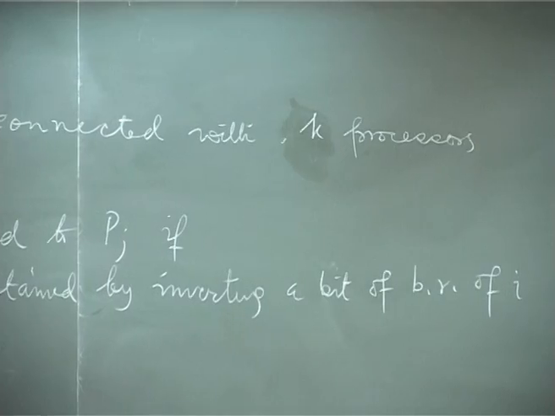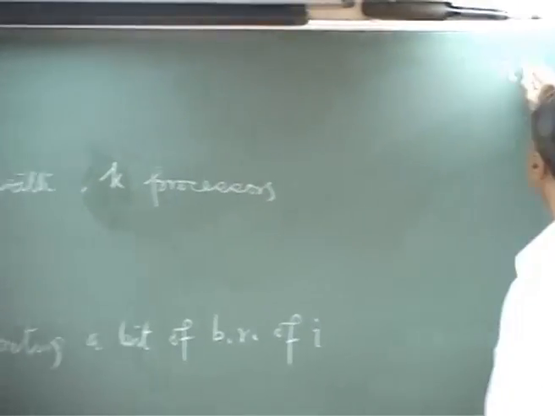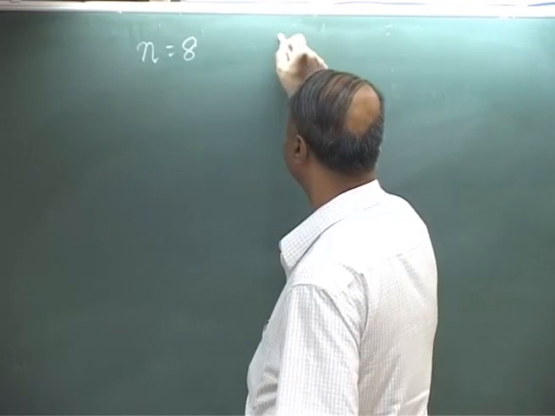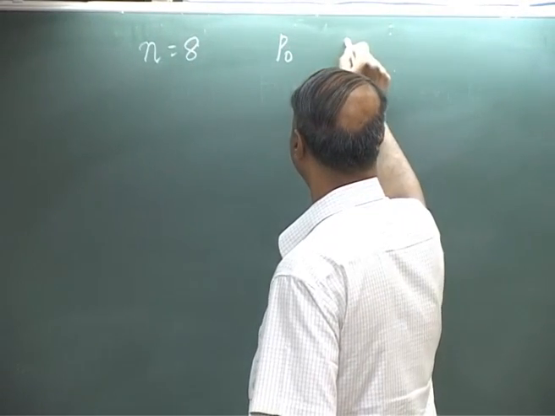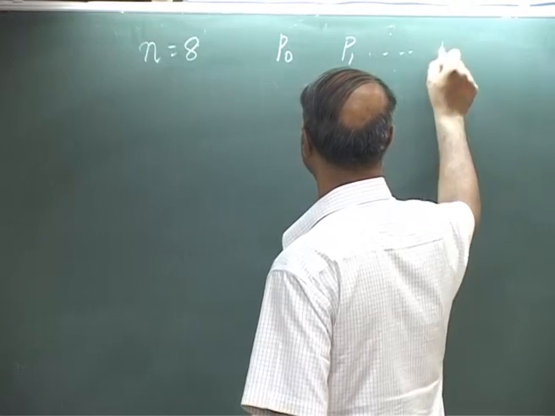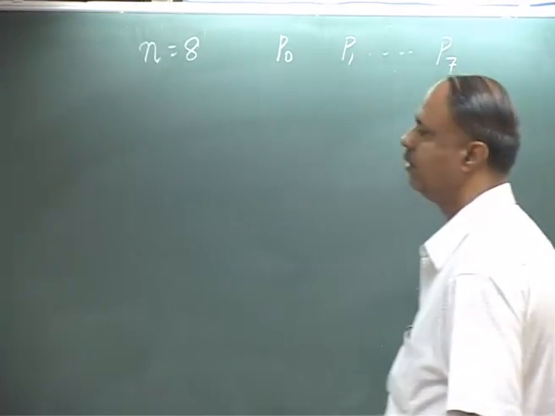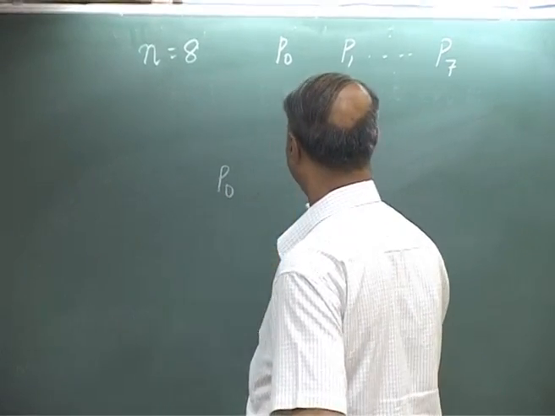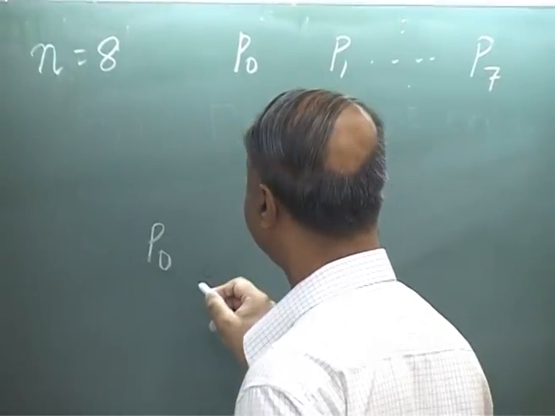Let us assume that suppose you have n equals 8, so you have P0, P1, up to P7.